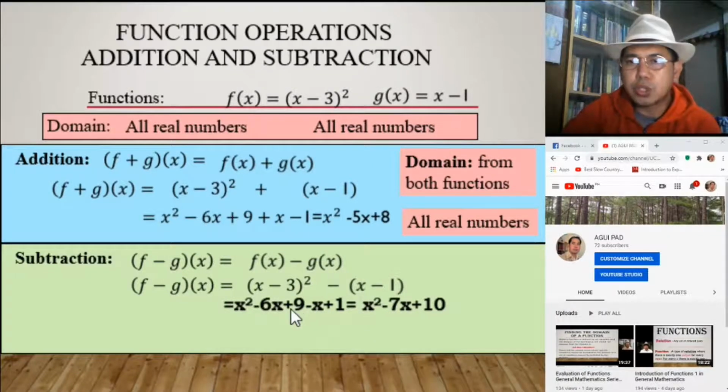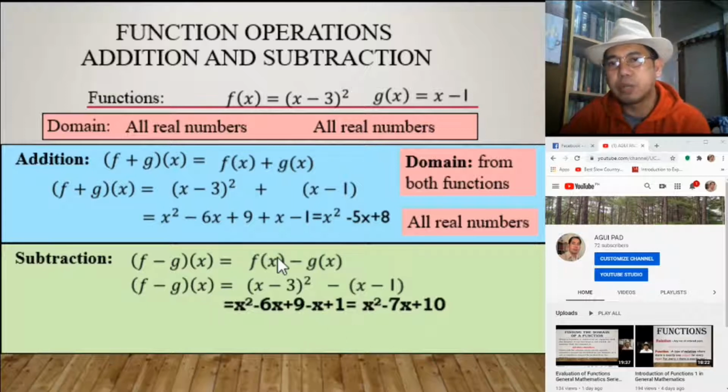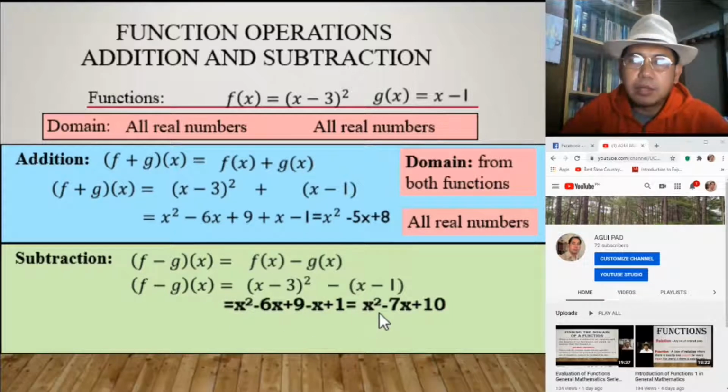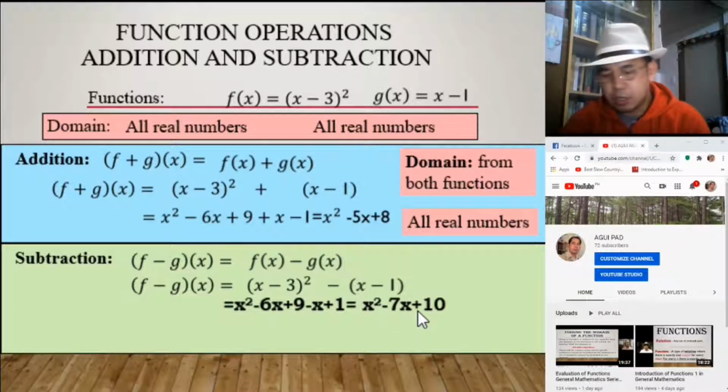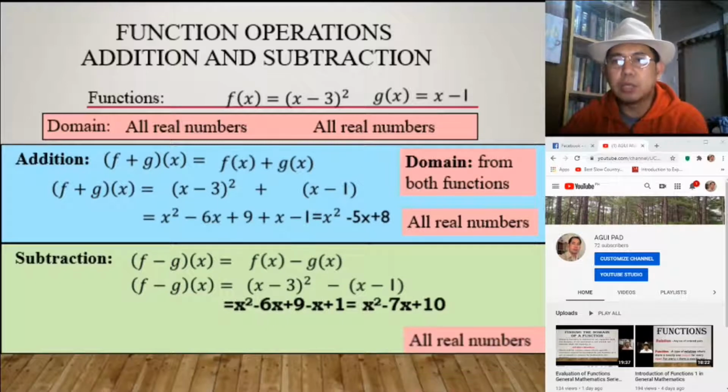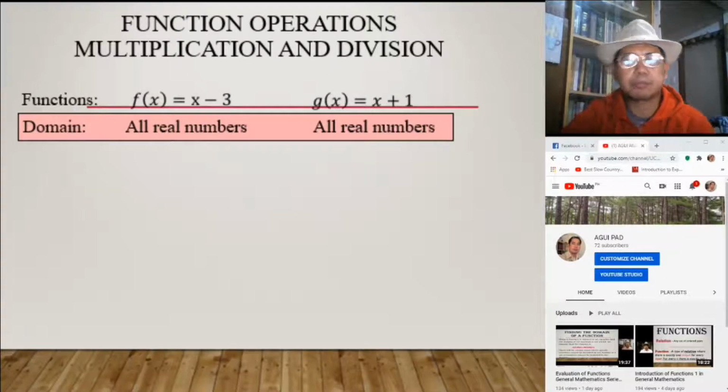And of course, positive 9 and positive 1 give you positive 10. So what is the final result, or the difference of these two functions? The difference is x raised to 2 minus 7x plus 10. Now, of course, again, the domain of that one will be all real numbers.